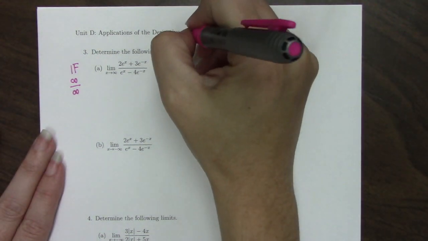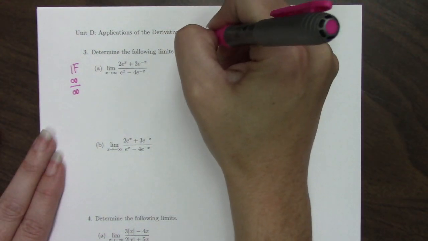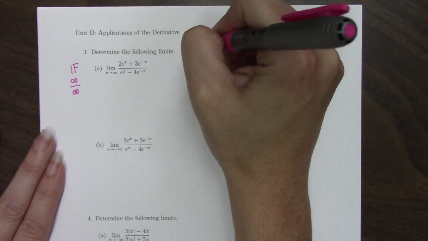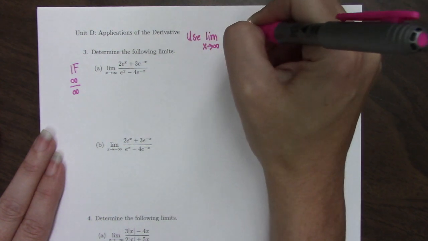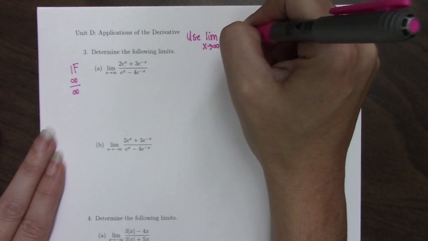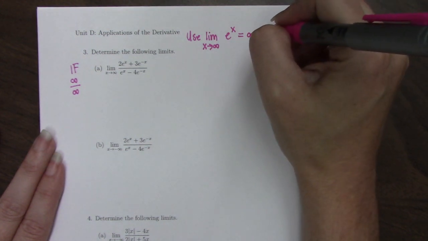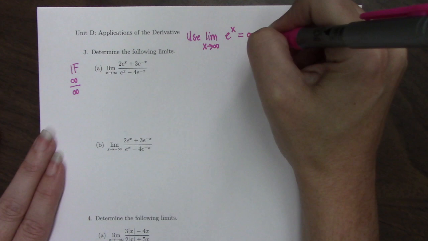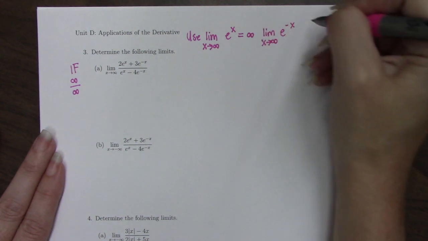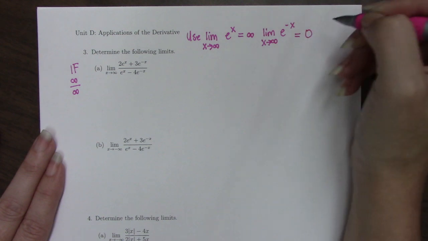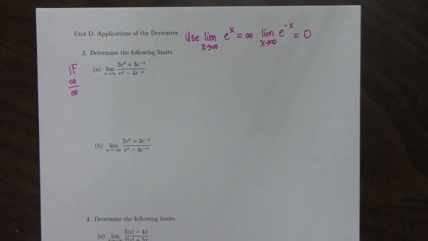So we want to use the fact that we know the limit as x goes to positive infinity of e to the x is infinity, and the limit as x goes to positive infinity of e to the negative x is 0. Just like I did with my special limit for powers of x, I was looking for zeros.